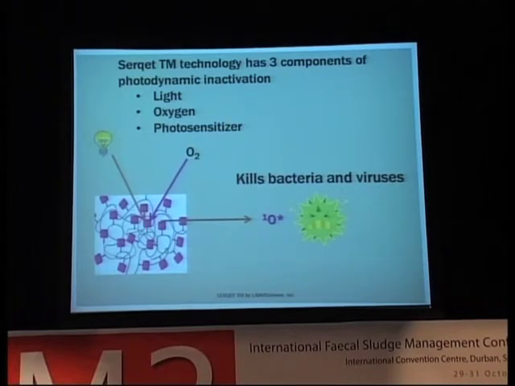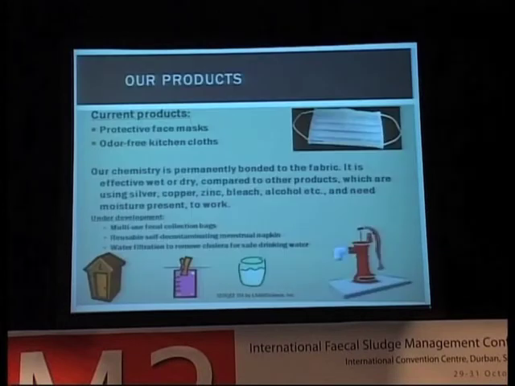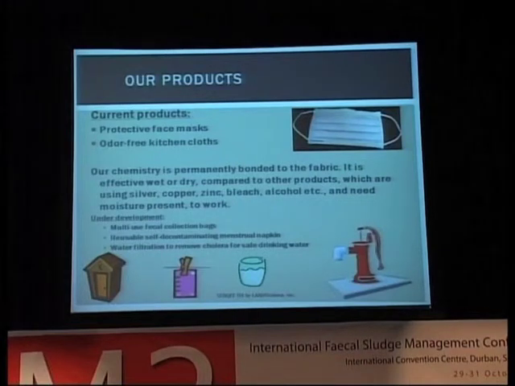In a different way of showing it, we have light, we have oxygen, we have the photosensitizer. We change the O2 in the air we breathe into a reactive singlet oxygen, which then inactivates bacteria and also viruses. Here, to our current products, we have developed protective masks and odor-free kitchen cloth.